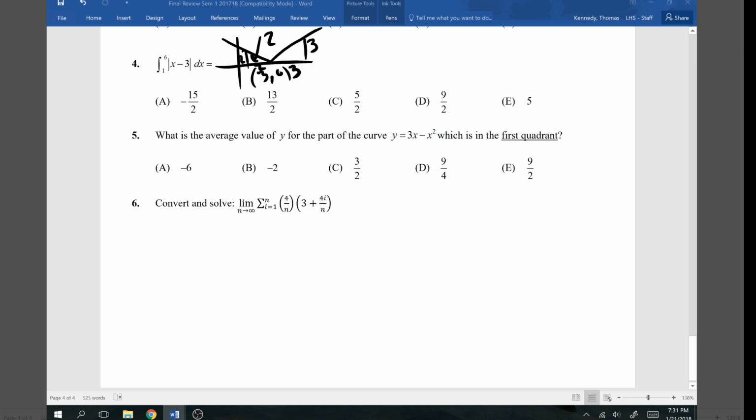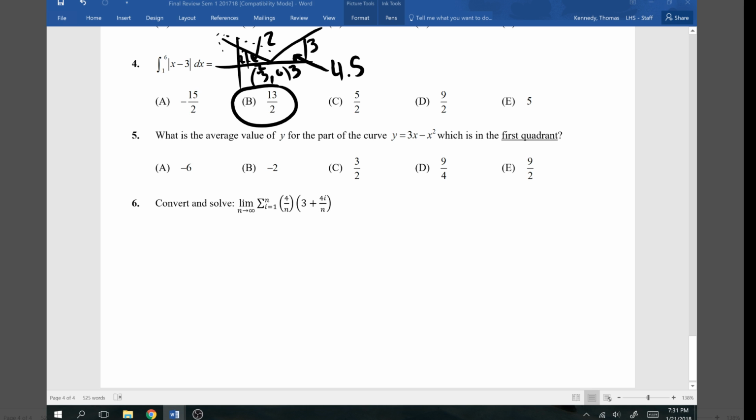Notice how the widths add up to 5. You can always check yourself. So that has an area of 1/2 times 3 times 3, or 4.5. So I'm adding 2 and 4.5 and getting 6.5. And if you're like, no, I hate that, I want to do calculus things, well, this is the negative part of the absolute value, the part that's been reflected up.